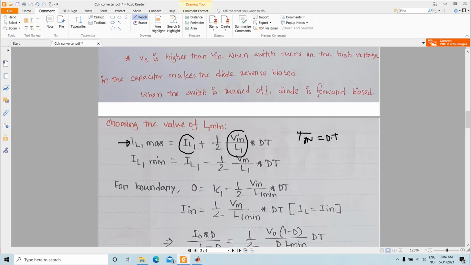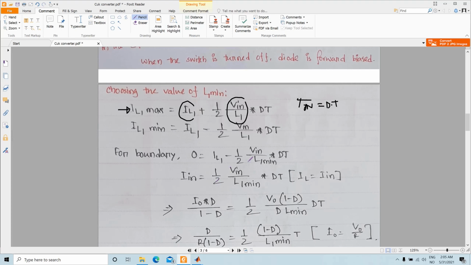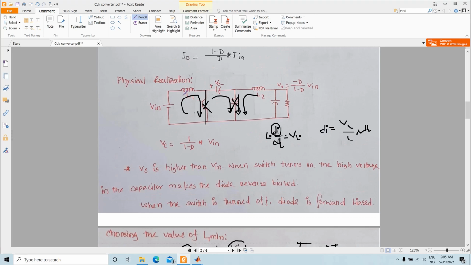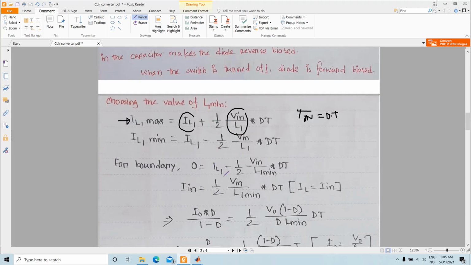So you write 0 is equal to this, and then from here you calculate a relationship with the input I in. So you replace IL1 with I in, because IL1 and I in for that time are the same. And you previously calculated the relation between I in and I out with duty cycle.